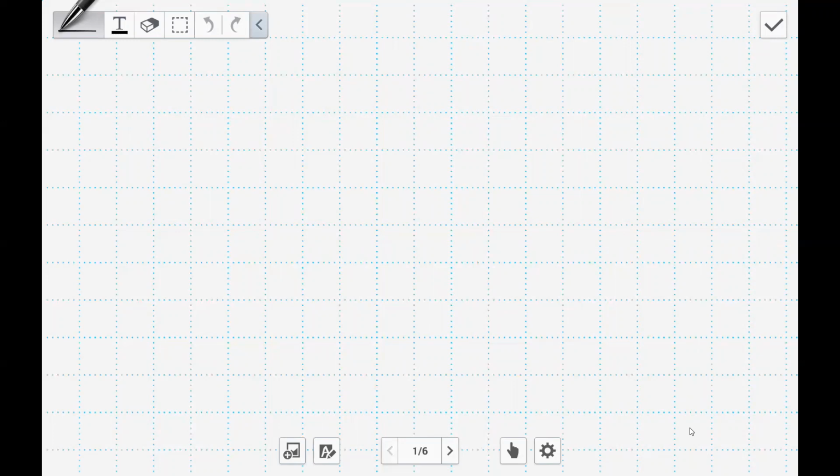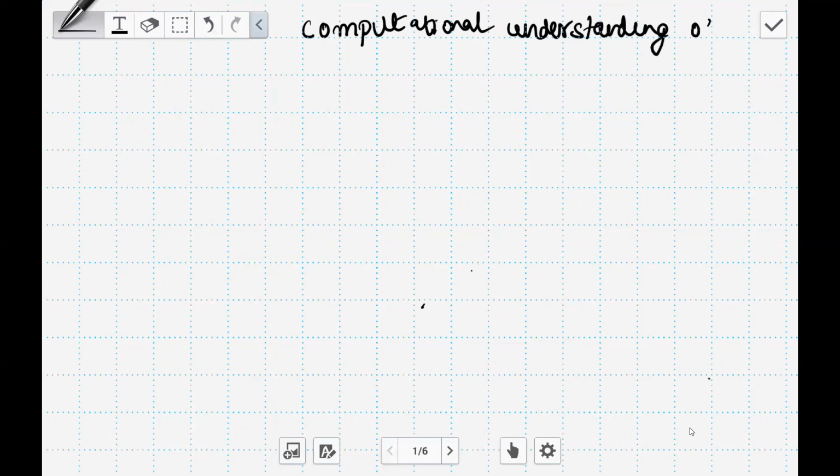So this paper, which I think I mentioned at the beginning of the course, is on computational understanding of lithium-ion batteries. This is from Ceder's group.